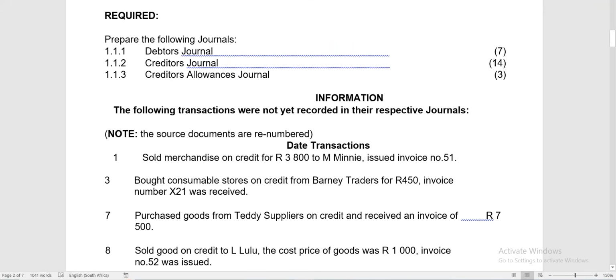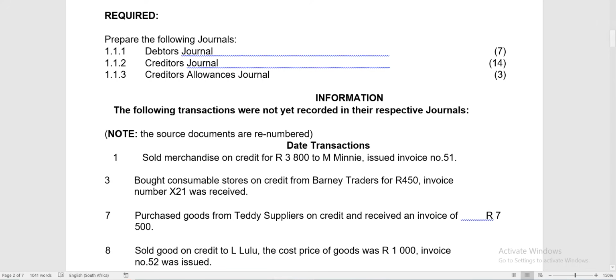Number one says we sold merchandise on credit for 3,800 to M Mini, and we issued invoice number 51. Looking at this question, we are going to record this in the debtors journal because it is a credit sale.